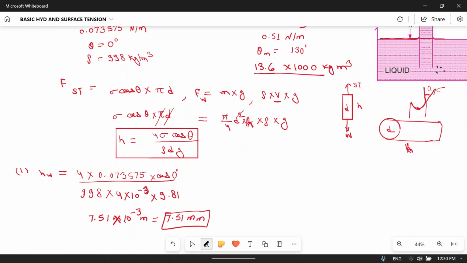For mercury, H for mercury is 4 sigma, 0.51, into cos theta, cos 130, divided by rho, 13.6 into 1000, which is 13,600, into diameter, same, 4 into 10 to the power minus 3, into acceleration due to gravity, same, 9.81.